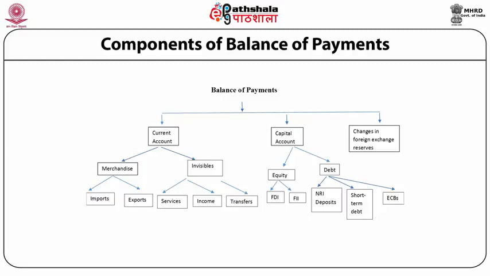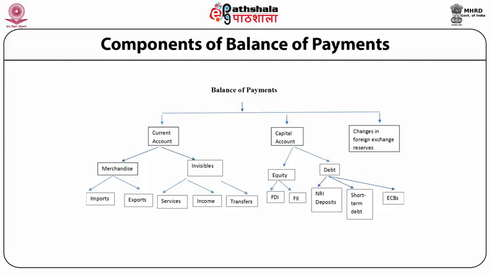In equity, we have FDI, that is foreign direct investment, and FII, that is foreign institutional investment, while in debt, we have components like NRI deposits, short-term debt, and ECBs. And the third component of balance of payment is changes in the foreign exchange reserve.